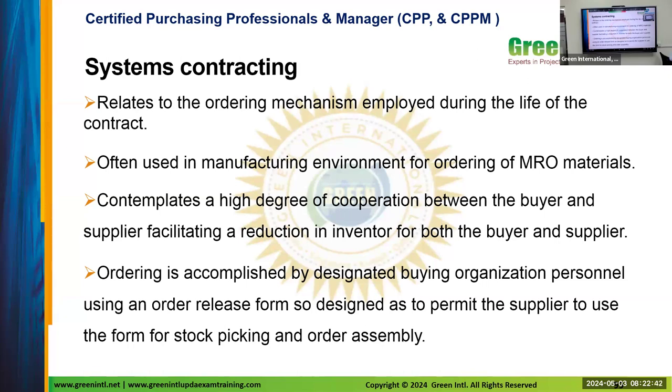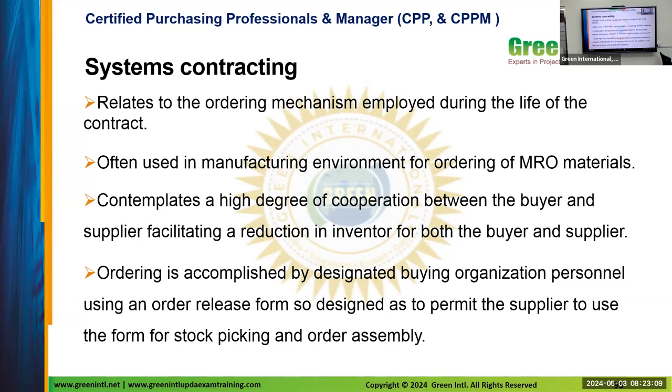Systems contracting relates to the ordering mechanism employed during the life of the contract, often used in a manufacturing environment for ordering of MRO materials. When you say MRO materials, it is maintenance, repair, operations materials, which can be spare parts, machineries, tools.